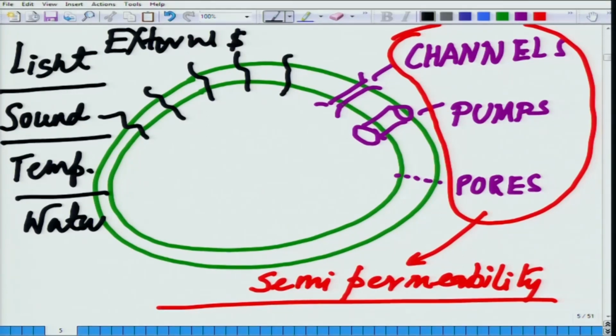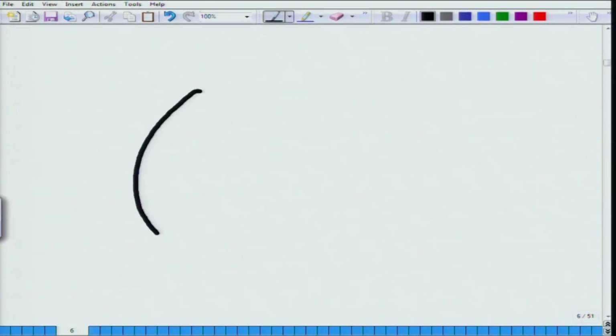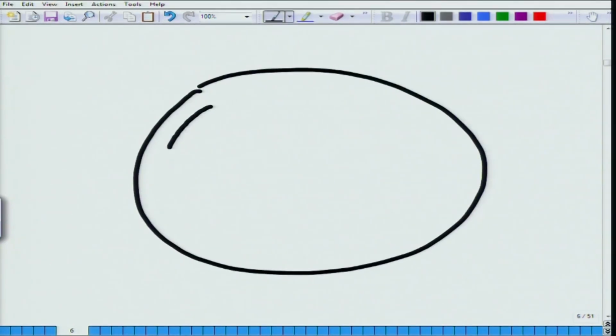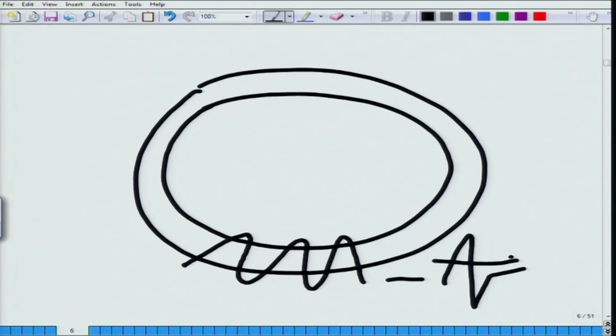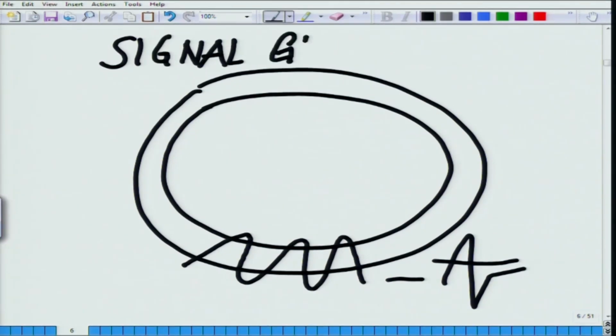There is another feature which is, most of these cells, say for example, if I draw the cell now like this, these cells change their permeability and have the ability to generate signals, which could be electrical in nature. Signal generation ability.